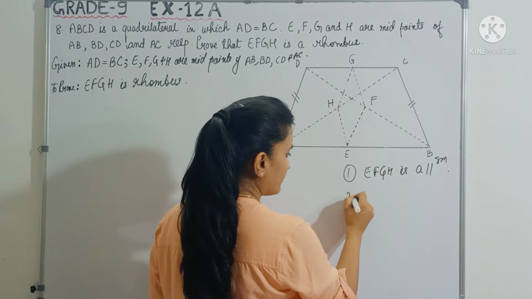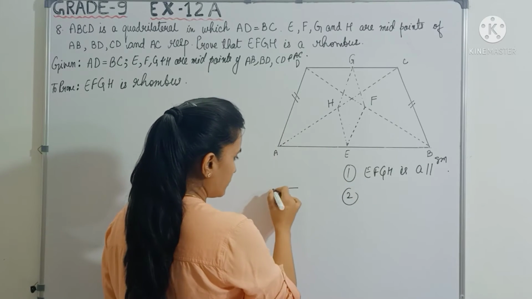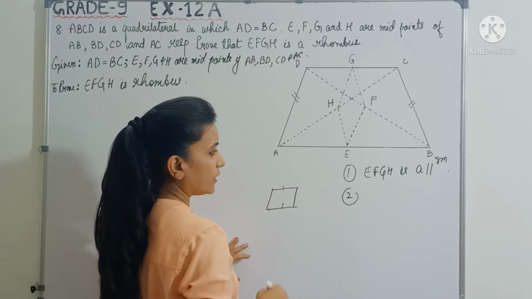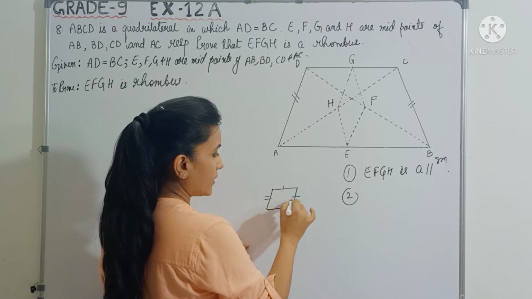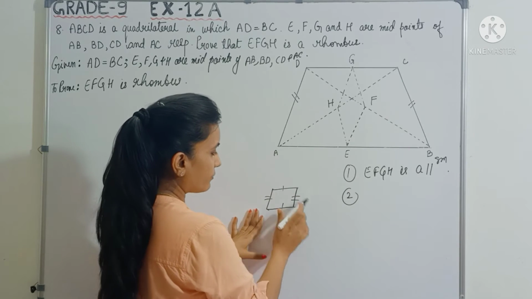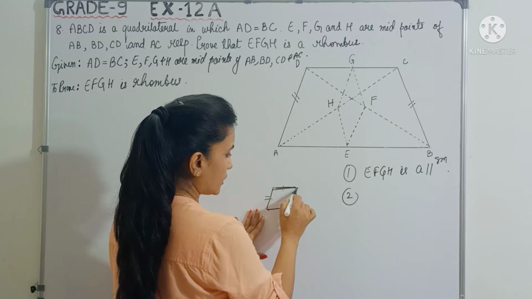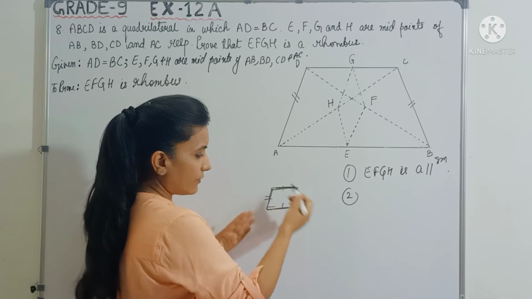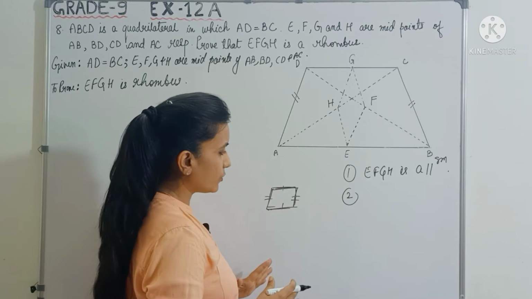Okay. Second thing, see, in a parallelogram, we know that opposite sides are equal to each other as well as they are parallel, right? So here in this parallelogram, if I make all sides equal to each other, right? So this will become a rhombus. But you don't have to show that all sides are equal to each other.